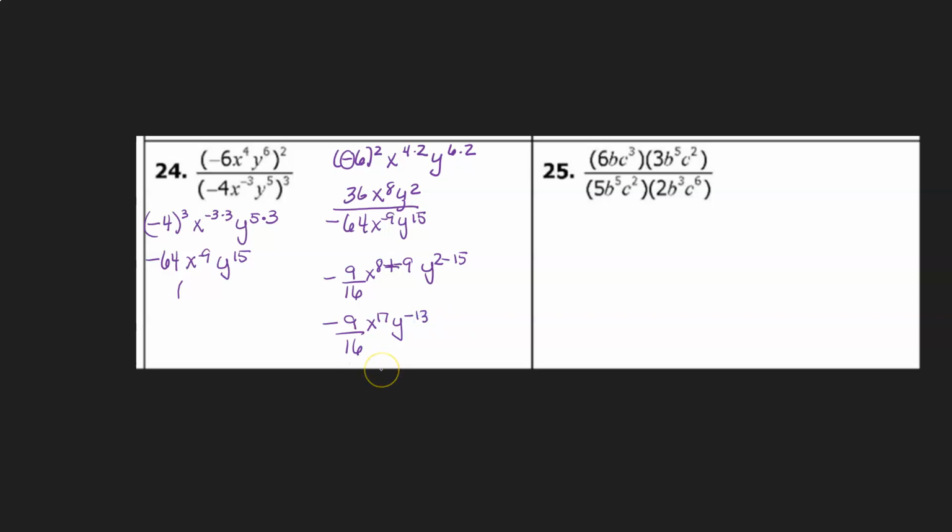So we're going to send that negative 3 exponent down to the denominator. So I have negative 9x to the 17th over 16y to the 3rd.